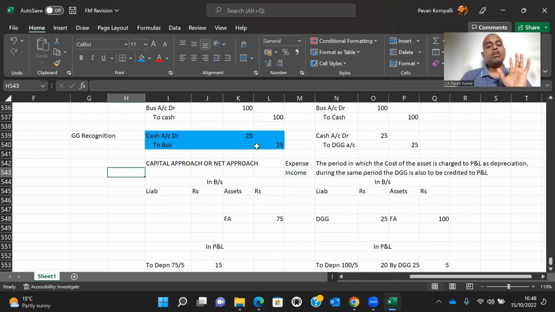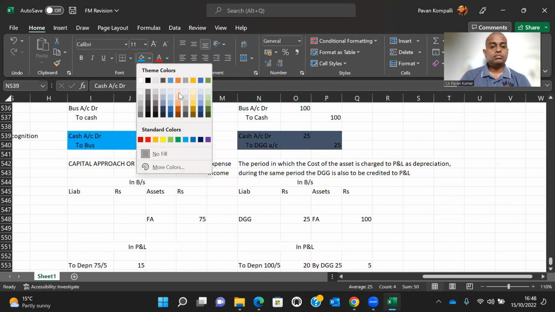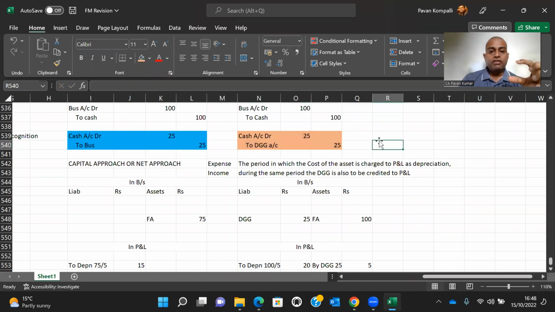In case of refund of government grant, reverse it. In case of income approach, what is the recognition entry? This is the recognition entry. Reverse it. So whatever the recognition entry is, you reverse it.